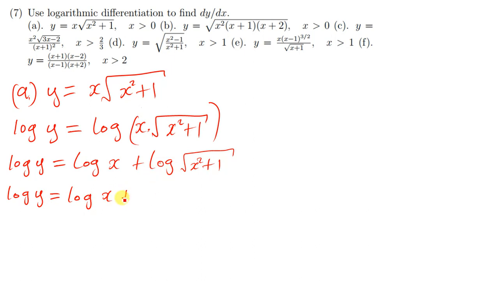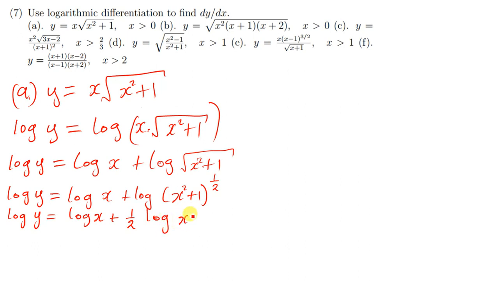Then here we're going to have log, this part can also be written as x squared plus 1 raised to the power half. According to the rules of logarithms, this half can drop down, so meaning we're going to have something like this: log y is equal to log x, plus half log x squared plus 1. Don't make the mistake of multiplying the log with everything in brackets. No, you don't have to do that.